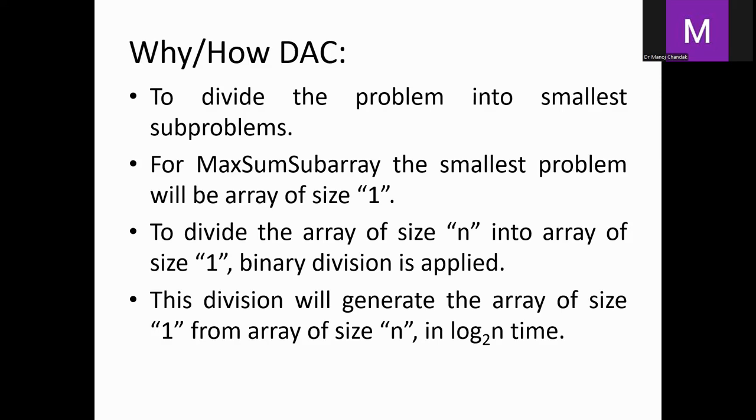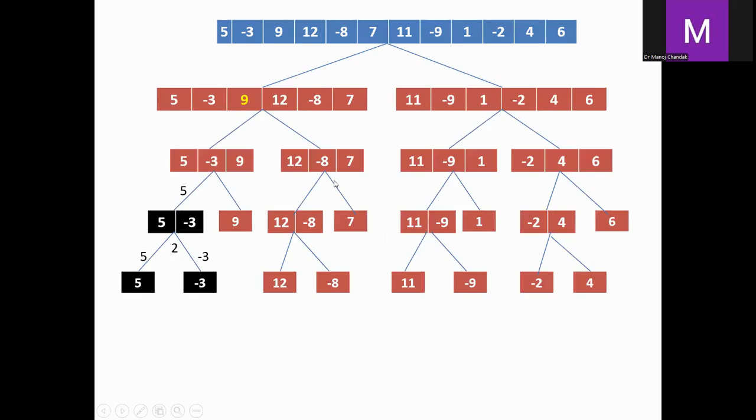It is very important to understand that it will not require n minus 1 cuts. It will only require log n to the base 2 cuts so that the array of size n gets divided into arrays of size 1. In the next slide, this concept will be clearer.